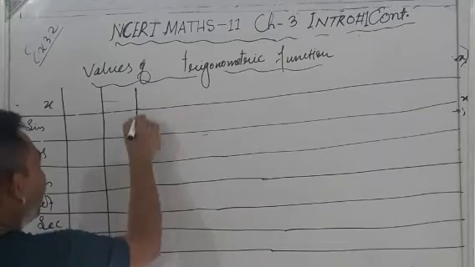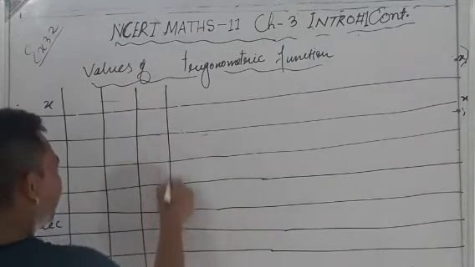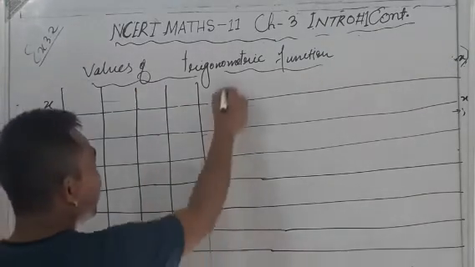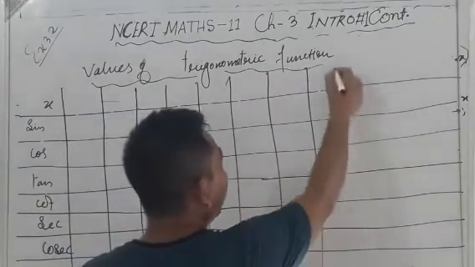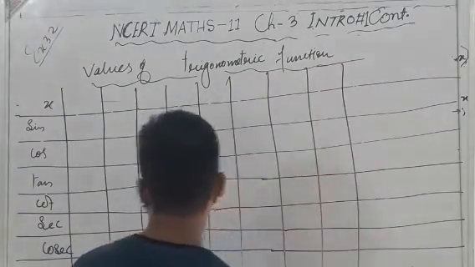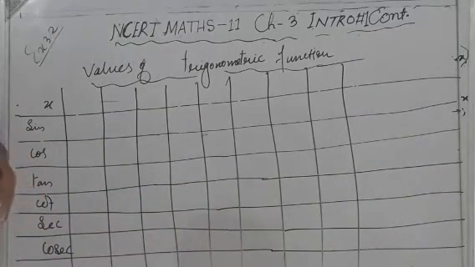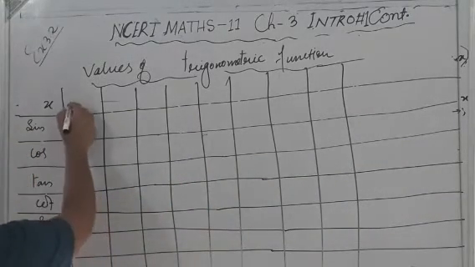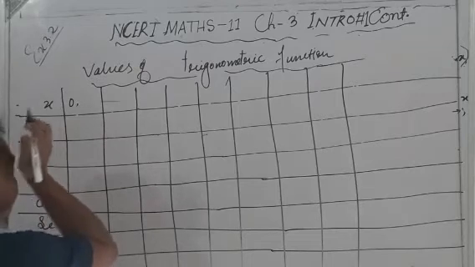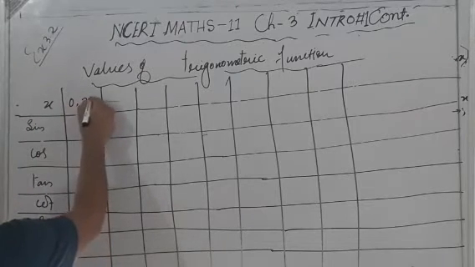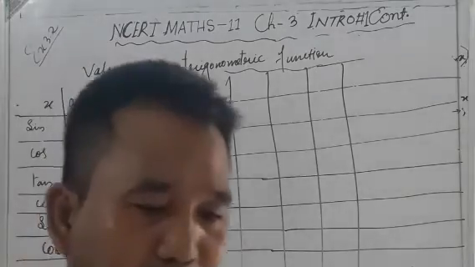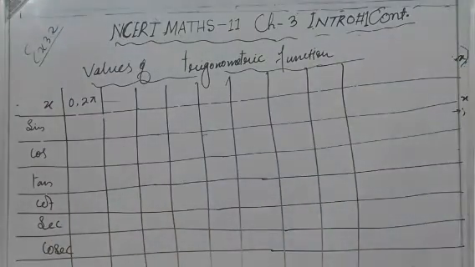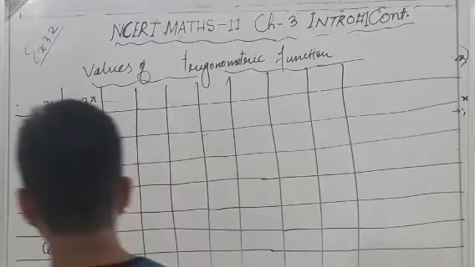What function? Trigonometric. This is 0. I am writing directly 0 and 2 pi. At 0 and 2 pi the values are the same, that is why I have written them together.